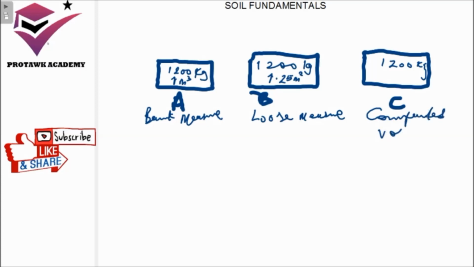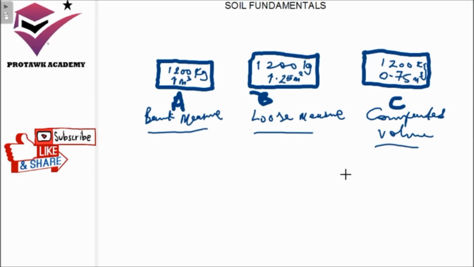We expect a decrease in volume, but with the same mass. By compacting, we may achieve a lower volume, let's say 0.75 cubic meter.